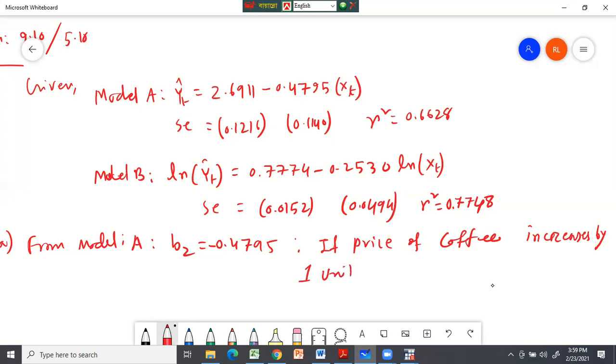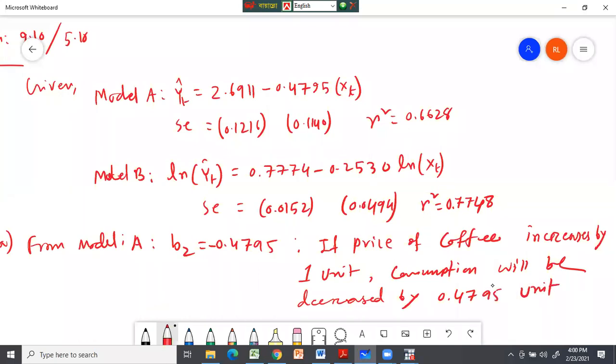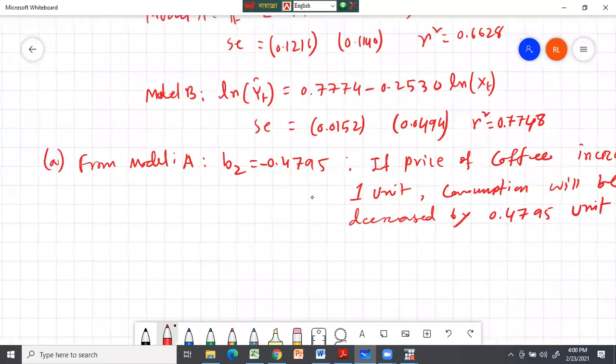Exactly, because the linear regression model without log form estimates the absolute change, not the percentage or relative change. So as we are dealing with the absolute change, if the price of the coffee increases by 1 unit, then the coffee consumption will be decreased by 0.4795 unit.